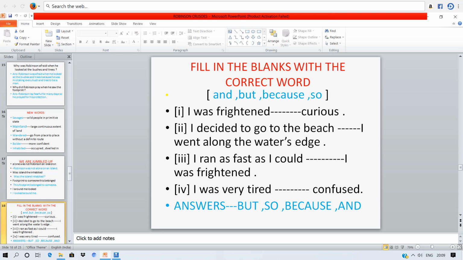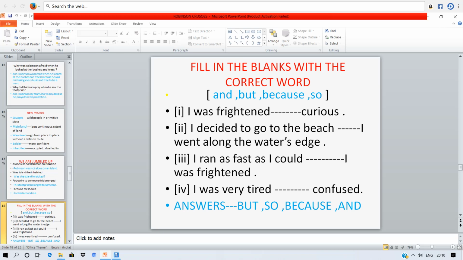I ran as fast as I could because I was frightened. And the fourth and the last sentence is this way. You are going to write, I was very tired, and you will fill the correct option, and confused. So it will be like this. I was very tired and confused.